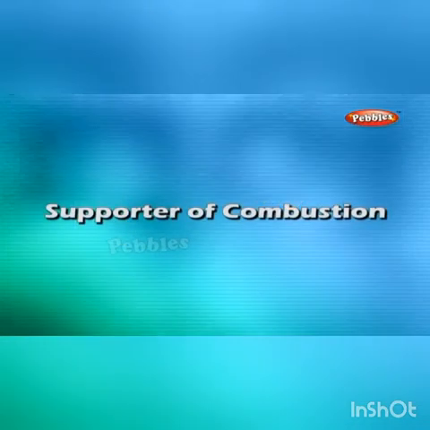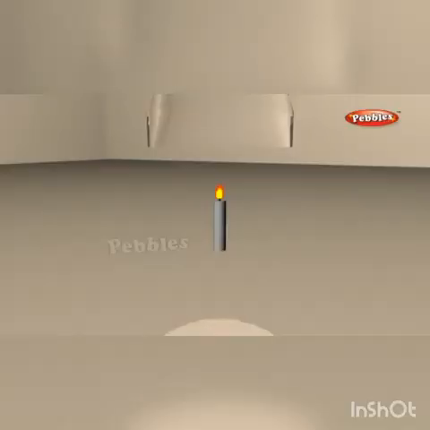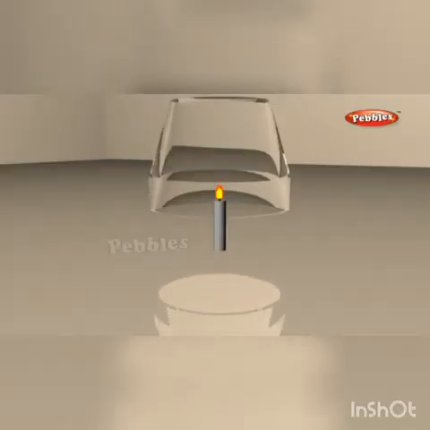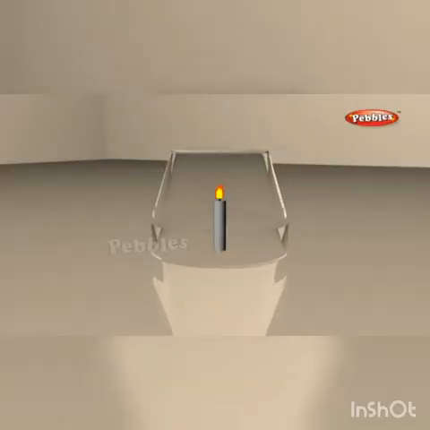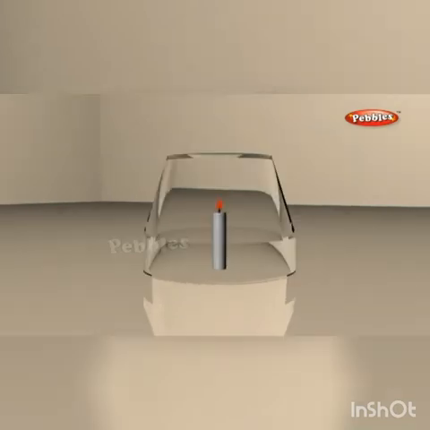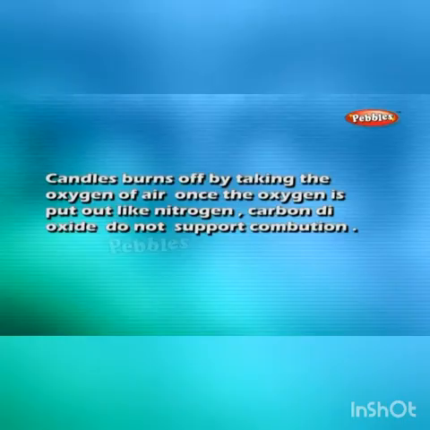Supporter of combustion. Light a candle, invert a glass tumbler over it. What happens? It burns for a little while and then is put out. The candle burns by taking the oxygen of air. Once the oxygen is over, it is put out as the remaining gases like nitrogen, carbon dioxide do not support combustion.